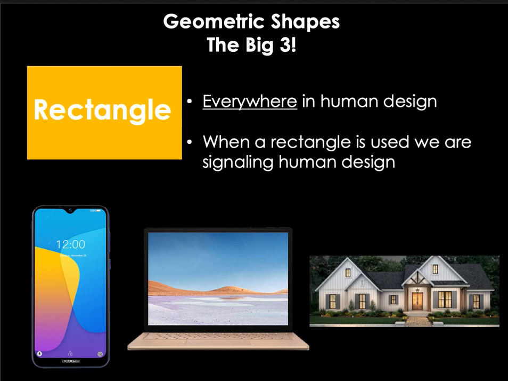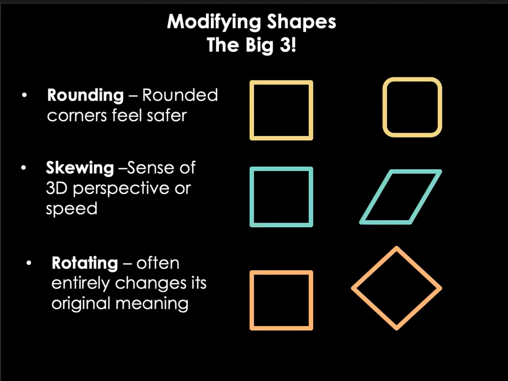Now you can modify these shapes. Modifying means that we're changing the way that they look. So for instance, when we round corners, we have the square there, but then to the right of it, we have rounded those edges, and it can feel safer.